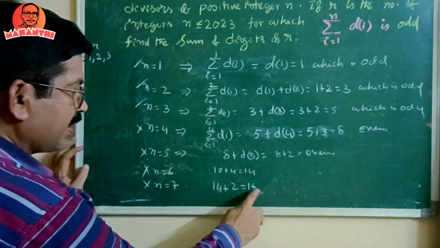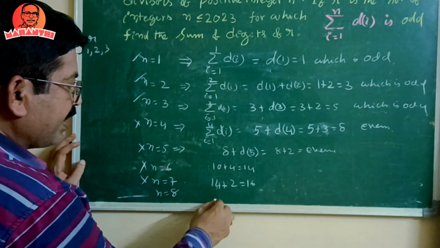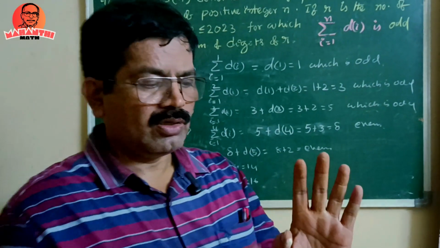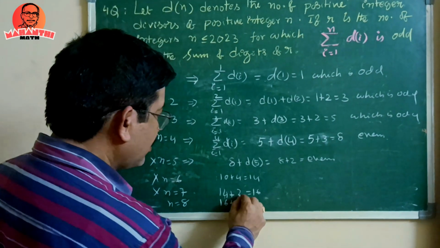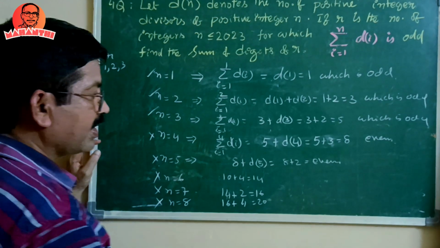This one also we should not take, because it is an even number. N equal to 8 we will see: 16 plus D(8). How many divisors does 8 have? 1, 2, 4, 8, again 4. 20, which is not odd. So this one also we should not take.